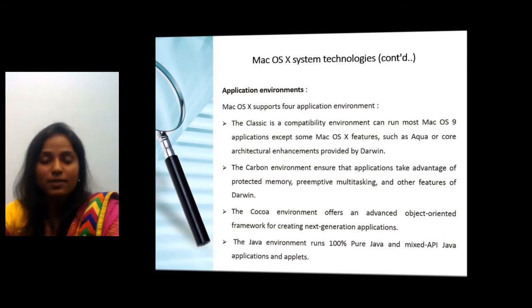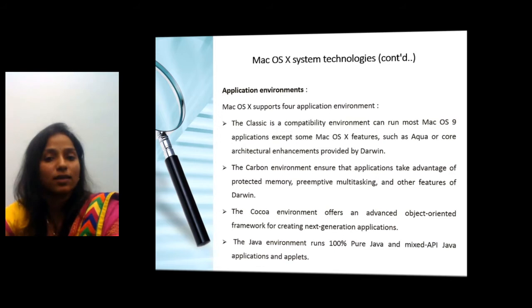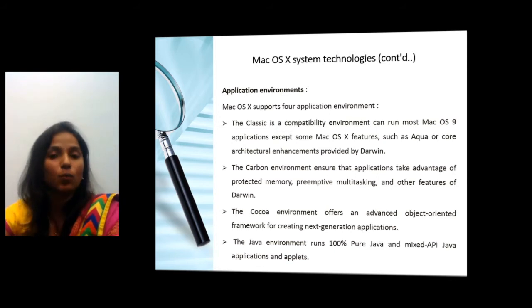The application environment is the highest layer in the functional layers of the Mac OS X operating system, which contains the Classic, Carbon, Cocoa, and Java environments. Classic is the highest compatibility environment, which runs mostly Mac OS 9 applications, except some features of Mac OS X such as Aqua and the core architectural enhancements provided by Darwin.